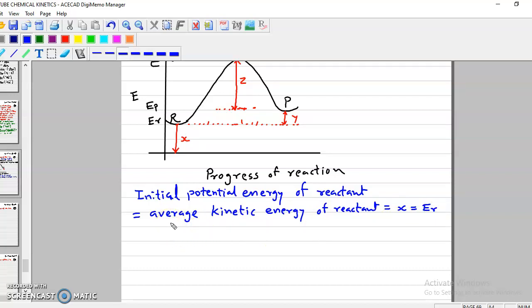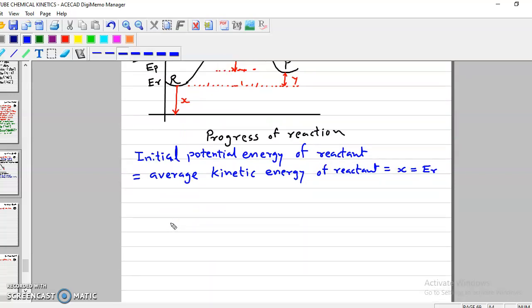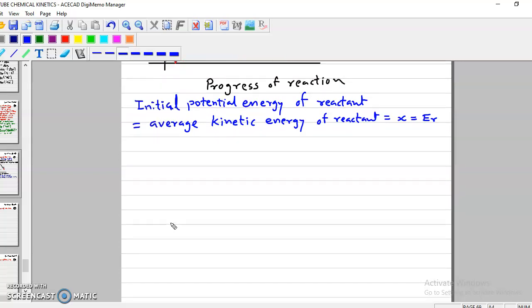Okay. Now, potential energy of product is equal to X plus Y, which is also known as EP, energy of product.